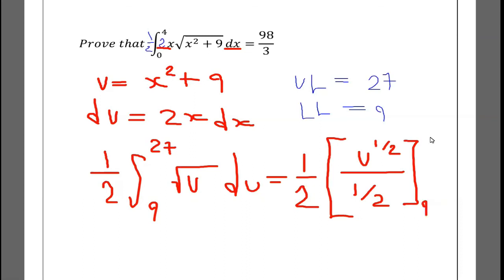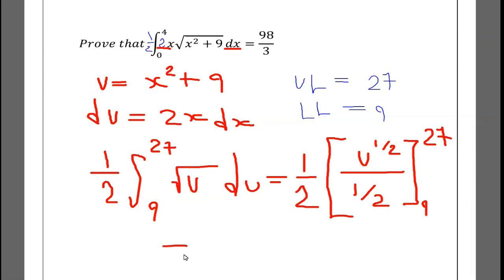Now, I don't like to work with so many fractions. So 1 being divided by a half is really 2 in the numerator, and 2 over 2. 2 over 2 is really 1.